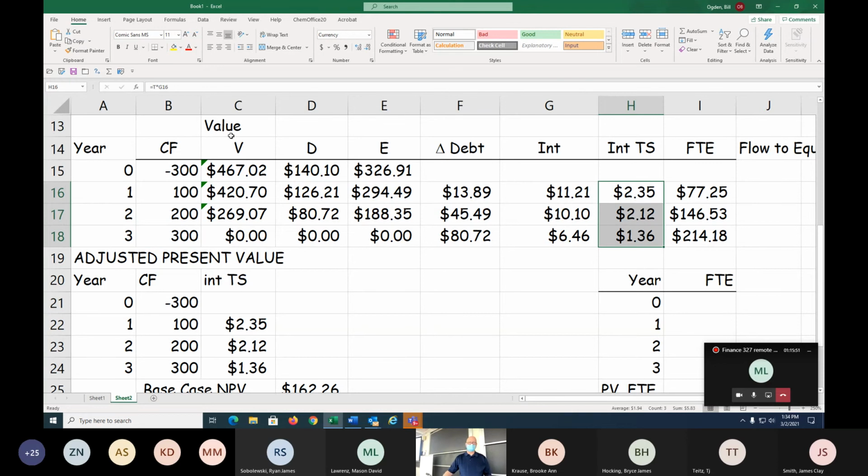If we rebalance every year to maintain a constant debt to value ratio, these are directly tied to these. So if these and these have the same risk, it would make sense to use the same discount rate. And that's just what we'll do.